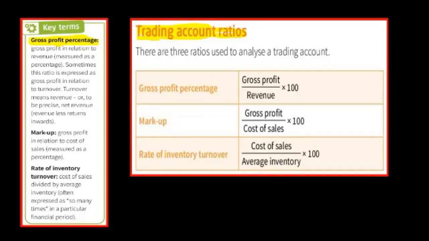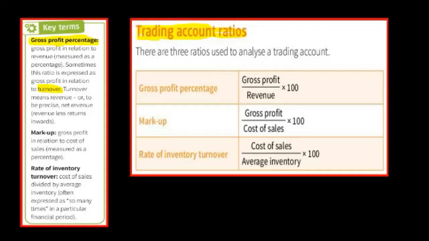Sometimes this ratio is expressed as gross profit in relation to turnover. Turnover is just another word for sales. And when we talk about sales there, we're talking about the net sales after we take off the returns.